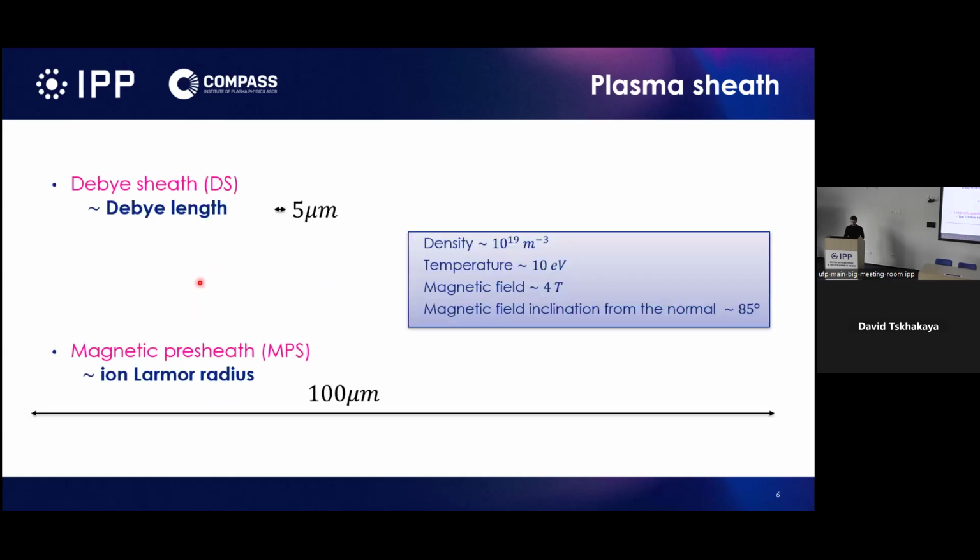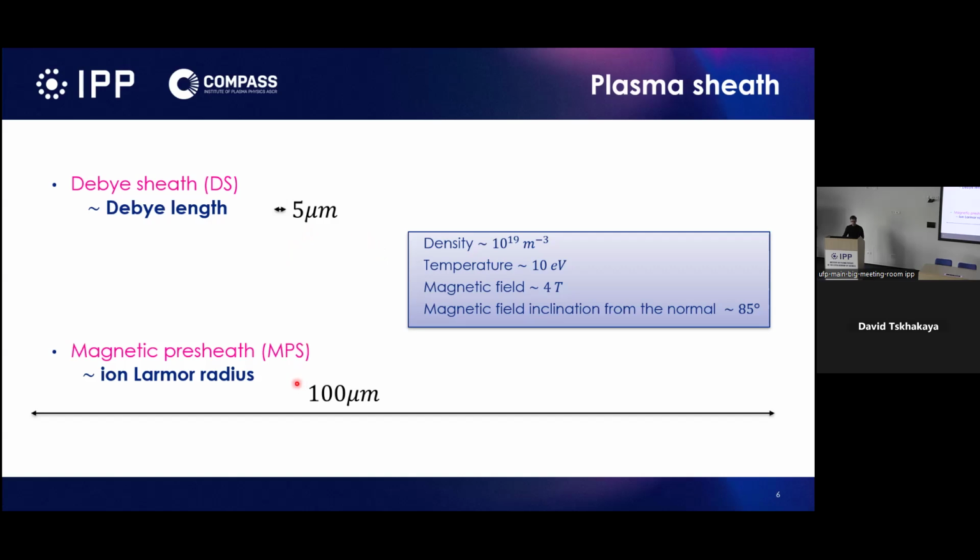Just to get an idea of the kinds of length scales we're talking about, the Debye sheath is on the scale of the Debye length, while the magnetic pre-sheath is on the scale of the ion Larmor radius. If we have a system of density about 10^19 per cubic meter, with temperature around 10 electron volts and magnetic field around 4 Tesla, then the Debye length is of the order of 5 micrometers, while the ion Larmor radius is about 100 micrometers.